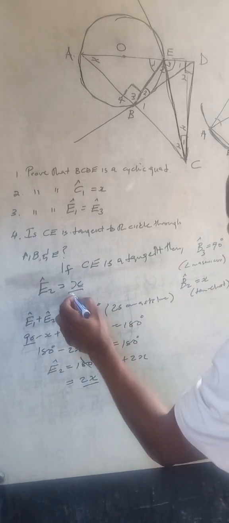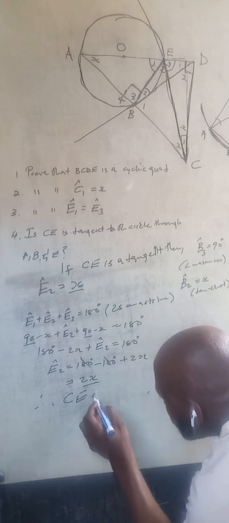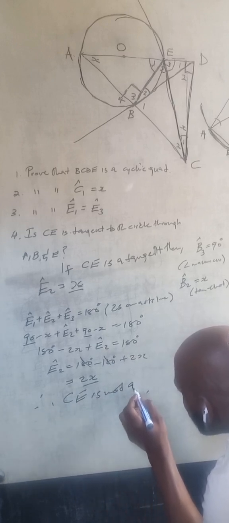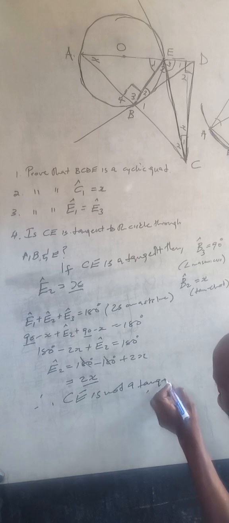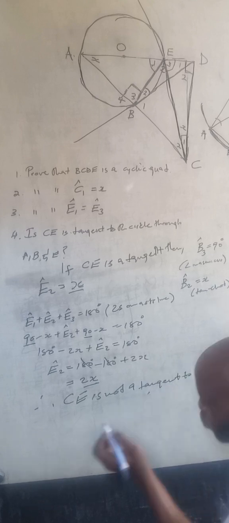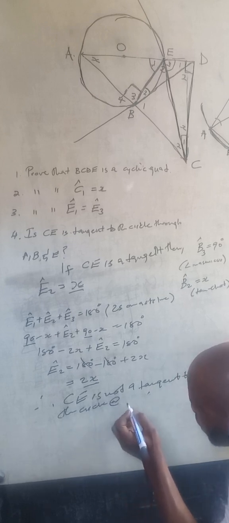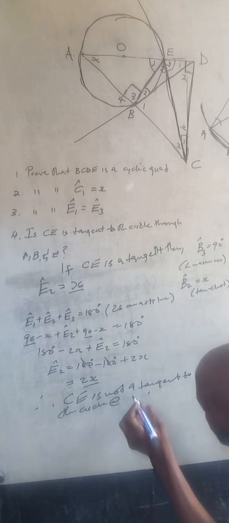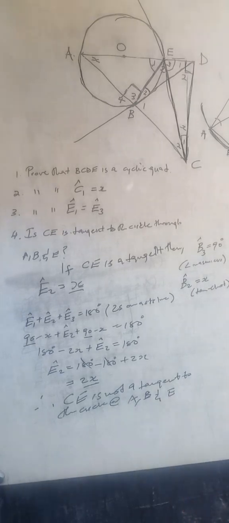It's not equal to x. Therefore, CE is not a tangent to the circle at A, B and E. Thank you very much.